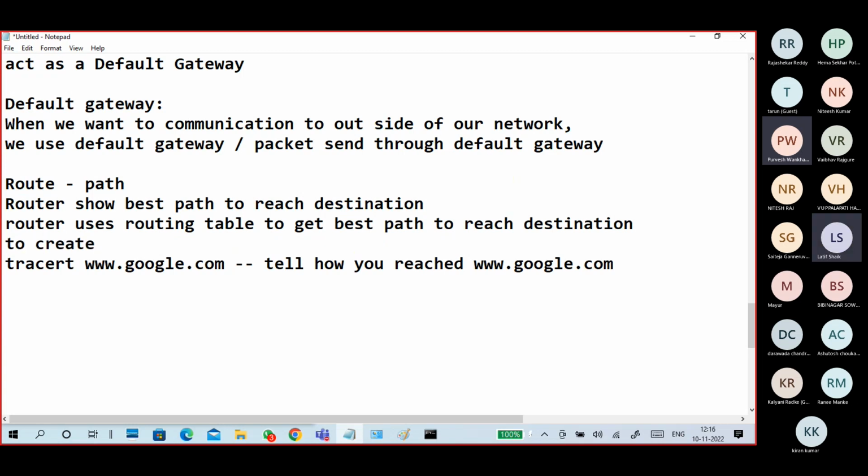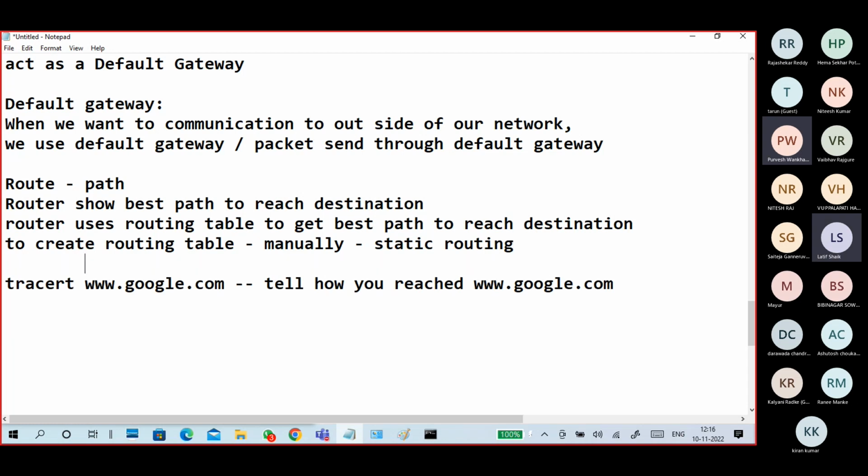Create routing tables. You can do it manually, static routing. We don't use that one.